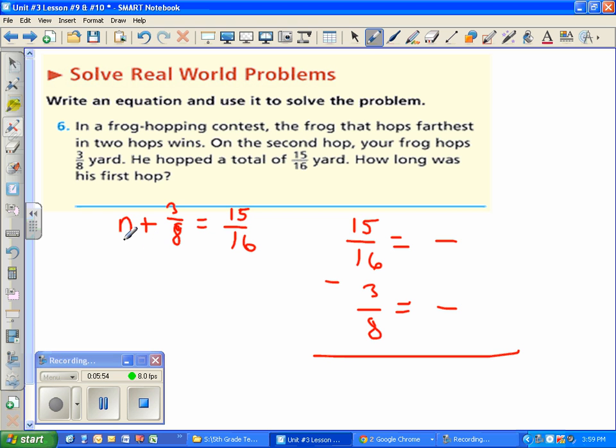Basically you're isolating n by itself. So I'm subtracting that out. And now n equals... All right, common denominator, 16 and 8. Hopefully you recognize that 8 goes into 16. So there's your common denominator.